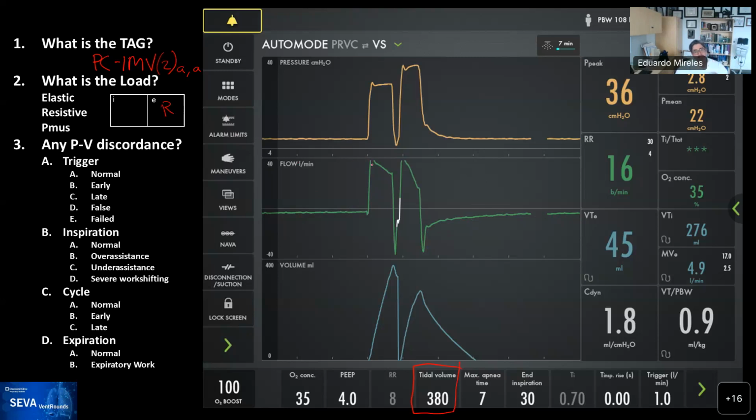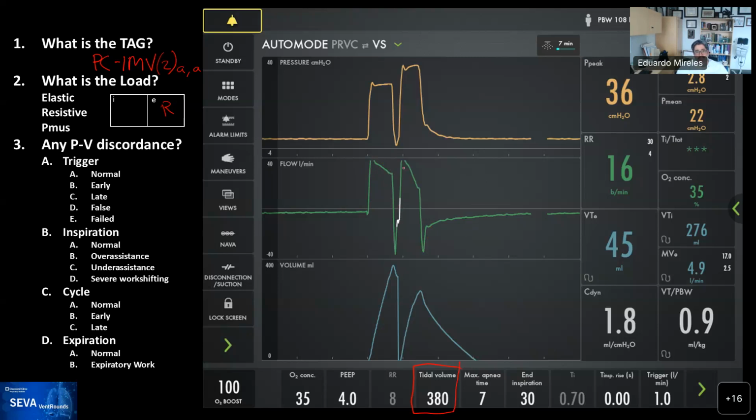During inspiration, it's a little bit more tricky because you see the flow rises really rapidly. And then instead of seeing the nice exponential decay that you should, you only see a little bit of it. And the breath is set at 0.7 seconds, and during that period of time, it barely decays.